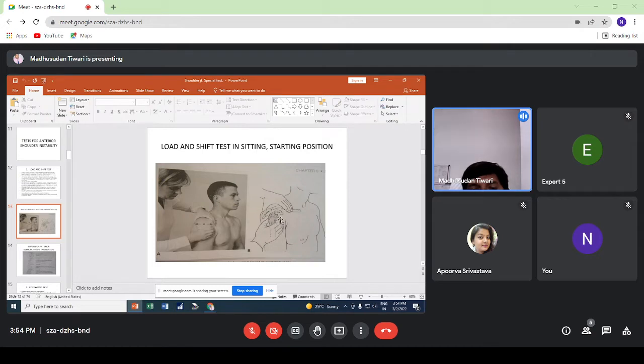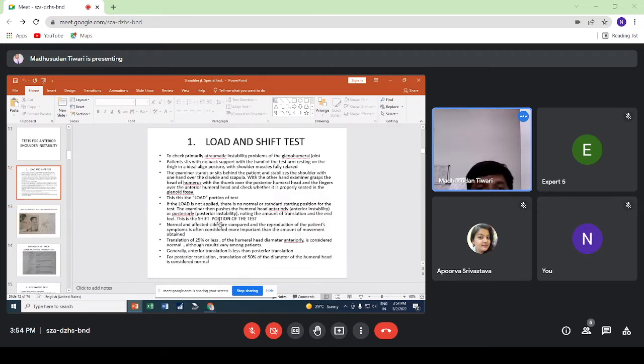Basically, we test here at the glenohumeral area, and this test is known as the load and shift test. How will we do this test? It checks primarily for traumatic instability problems of the glenohumeral joint.